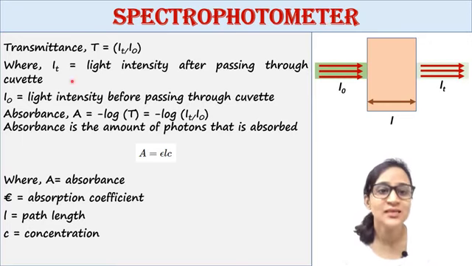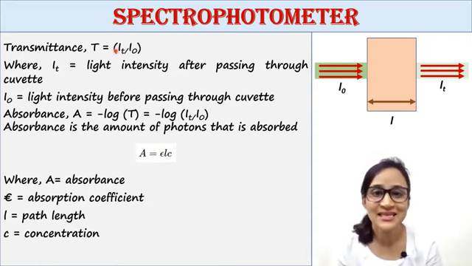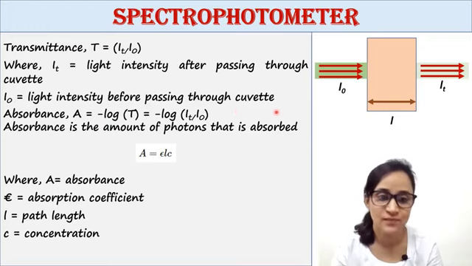Now transmittance T is equal to IT by I0. I stands for intensity. The number of photons per second is called the intensity of light. Here IT is equal to the light intensity after passing through the cuvette, and I0 is equal to the light intensity before passing through the cuvette.